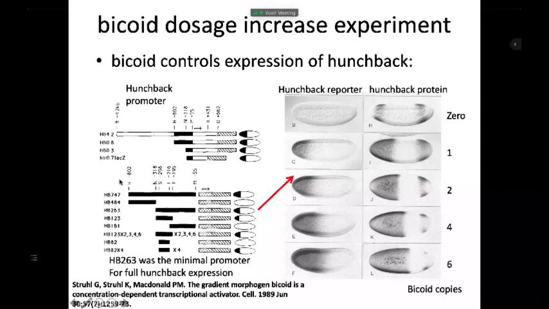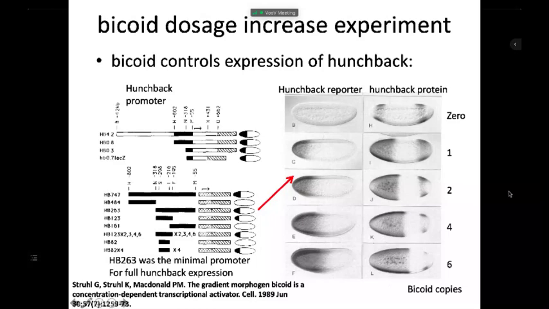And we can look at different promoters that contain different amounts of the hunchback promoter, and using these different promoter fragments, we can show that if there are more binding sites, we get increased extent of the reporter because there's more bicoid binding, and because there is more bicoid binding, we get more hunchback protein being expressed.